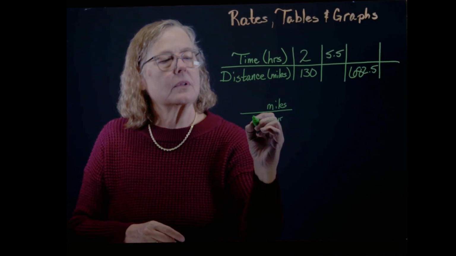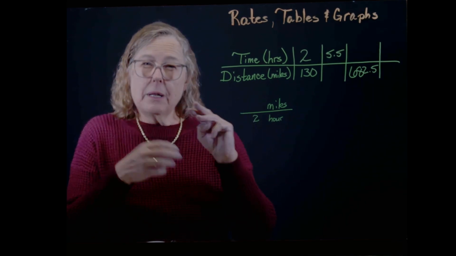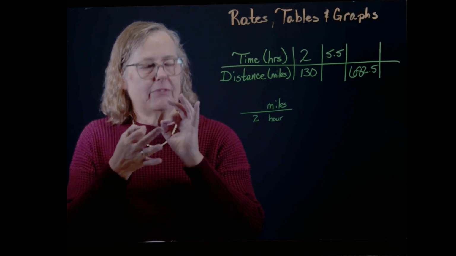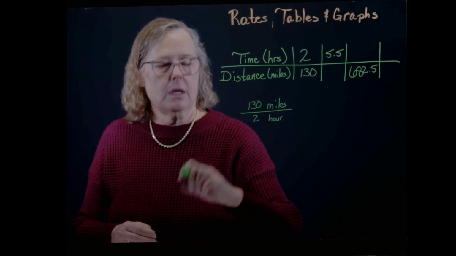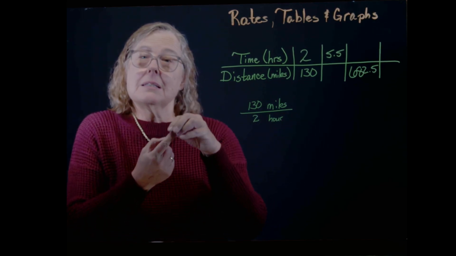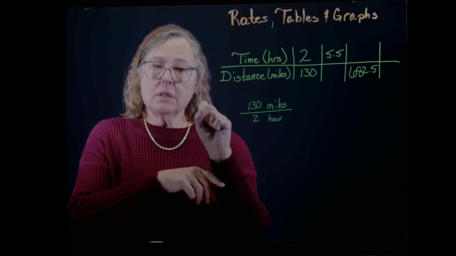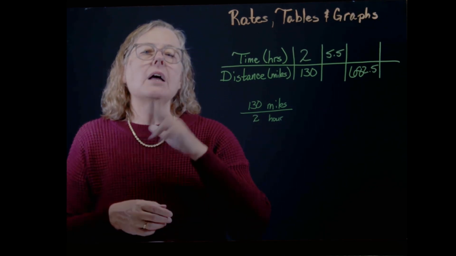For 2 hours, I went 130 miles. Perfect. That is my rate. It's a very special ratio because I have 2 different units, so that makes it a rate.